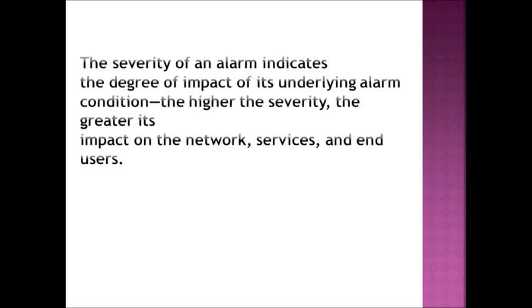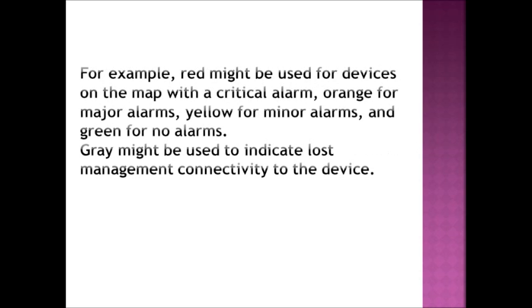The higher the severity, the greater its impact on the network, services, and end users. For example, red might be used for devices on the map with a critical alarm, orange for major alarms, yellow for minor alarms, and green for no alarms. Gray might be used to indicate lost management connectivity to the device.